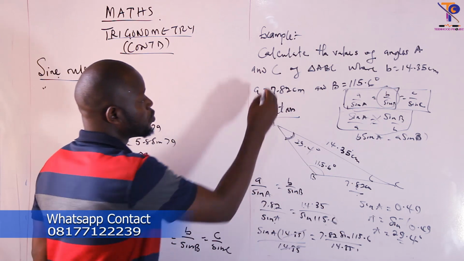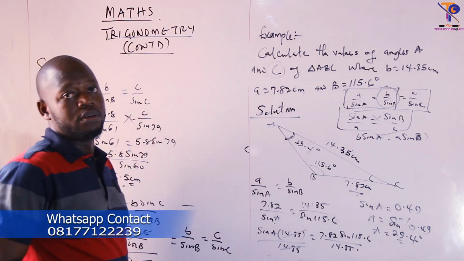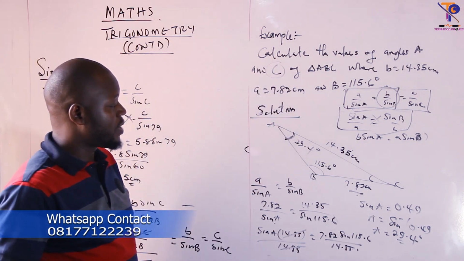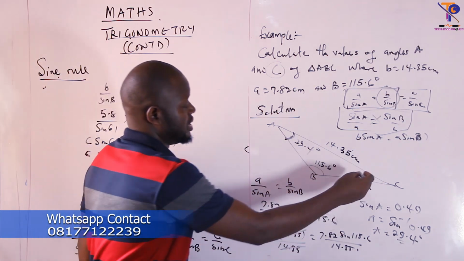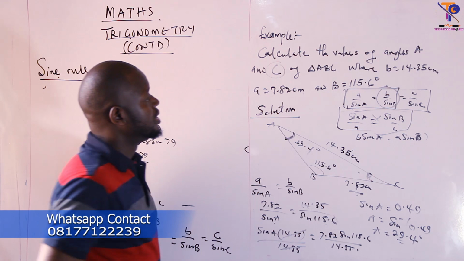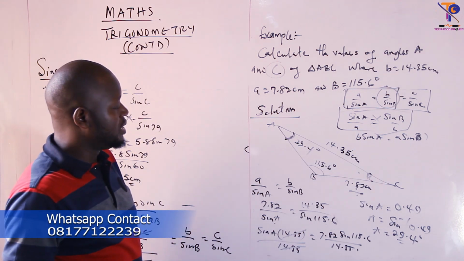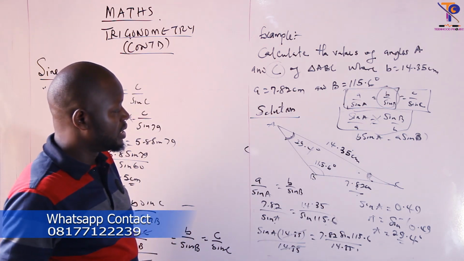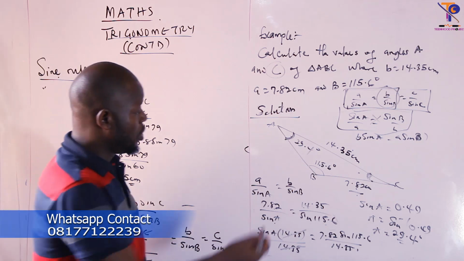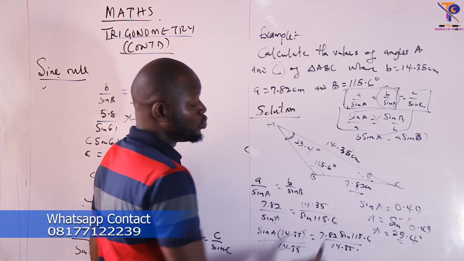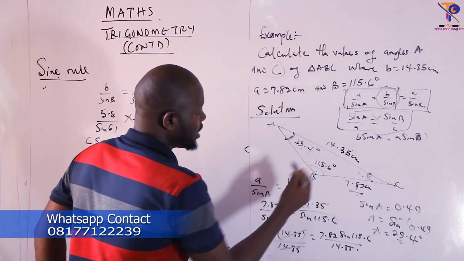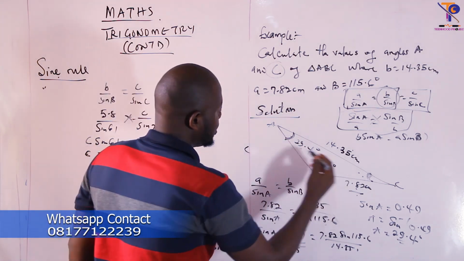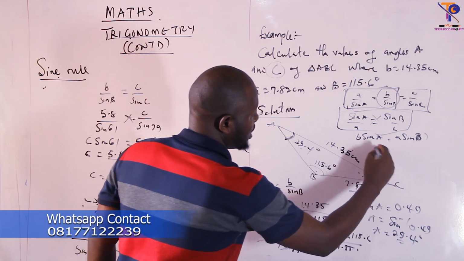Then the question asks us to find C. That's the second part, to find our capital C, that is this C. We don't need to calculate much. We have these two angles. All we need to do is get the third one using the triangle, so we add this one together with this. To get our C, let me write it here.